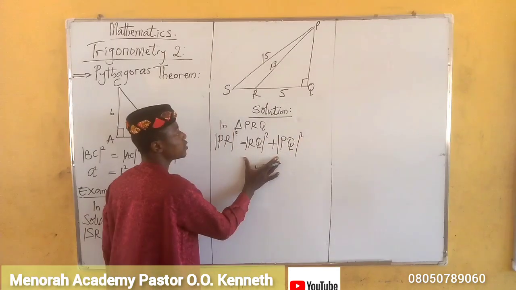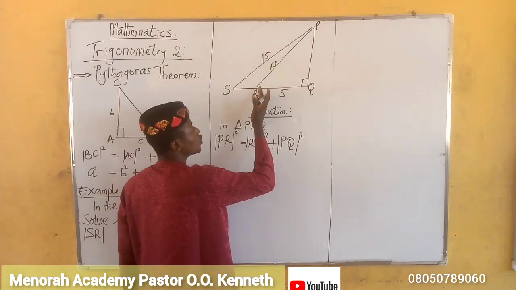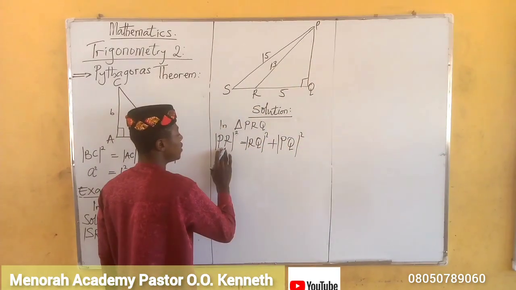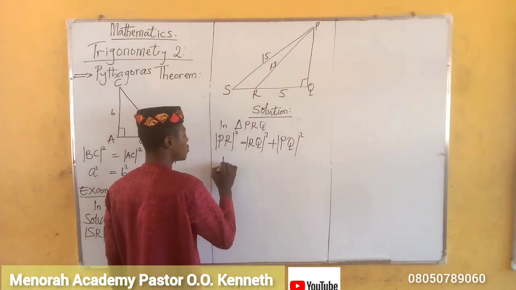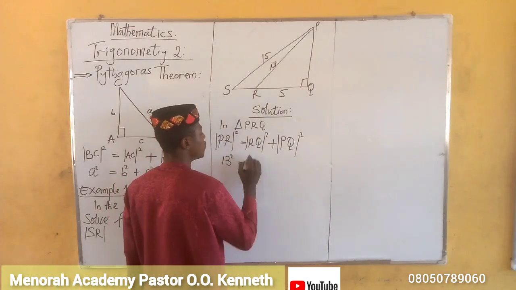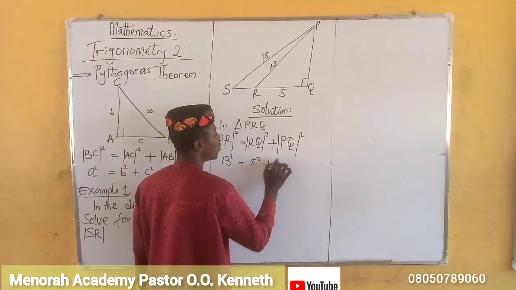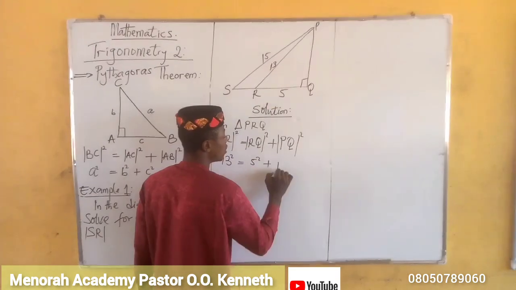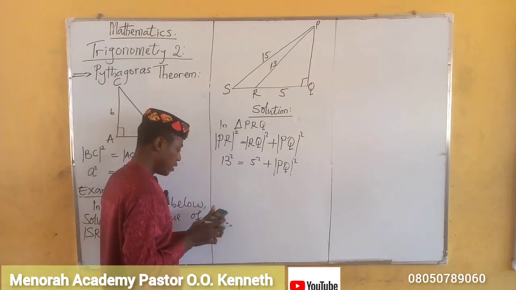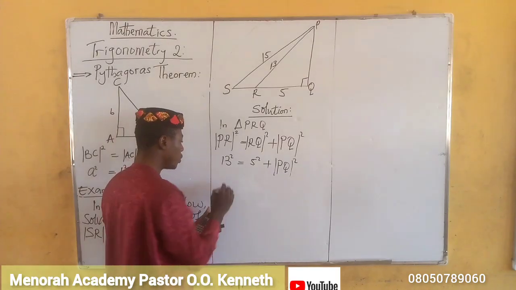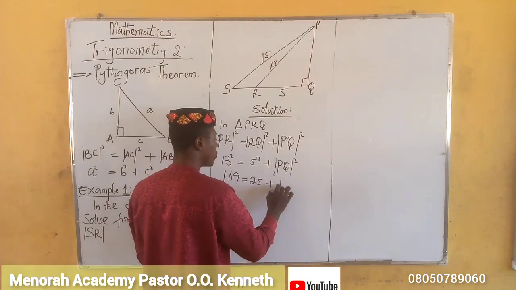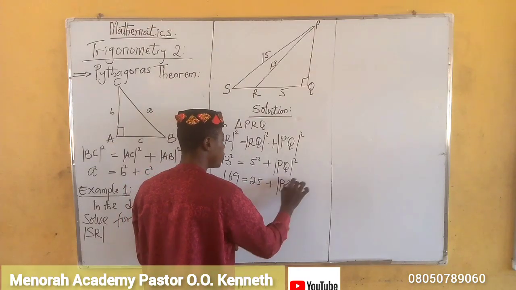You see, this is our Pythagoras theorem: the long side squared equals the sum of the squares of the other two sides. PR is given to be 13, so it's 13 squared. RQ is 5 squared, then plus PQ, which is what we are looking for, so we don't know it yet: PQ squared. 13 squared gives us 169, equals 5 squared, which is 25, plus PQ squared.